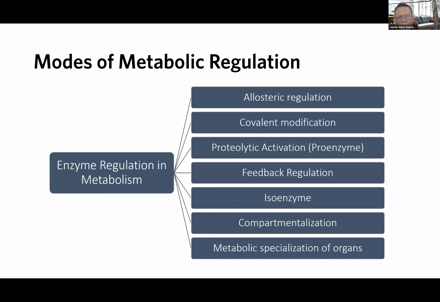Now let us discuss the modes of metabolic regulation. Enzyme regulation in metabolism can be allosteric regulation, covalent modification, proteolytic activation, feedback regulation, isoenzyme, compartmentalization, and metabolic specialization of organ.